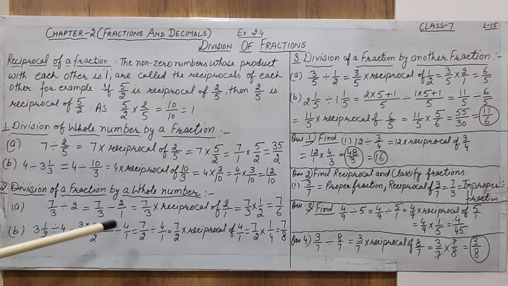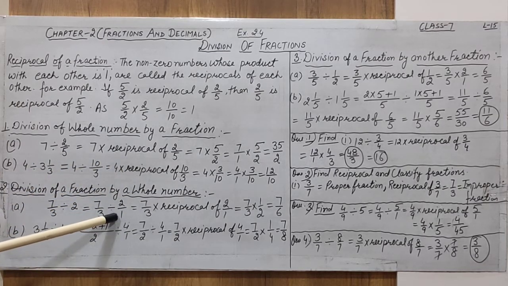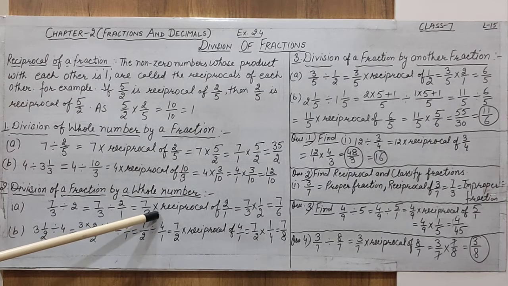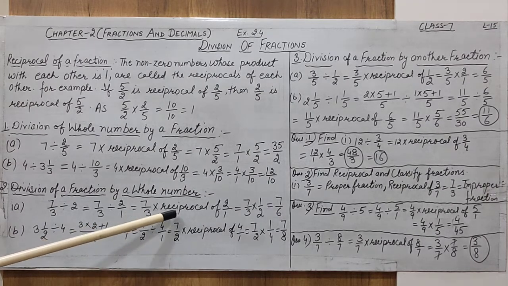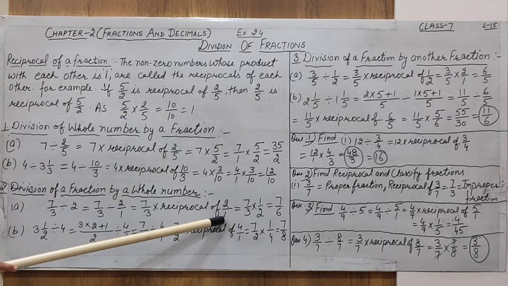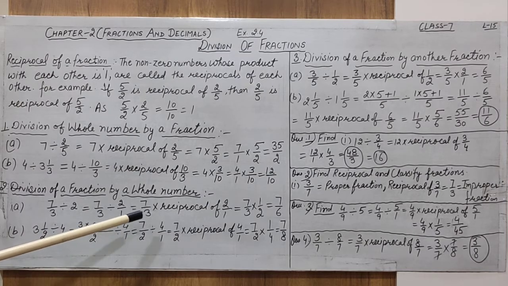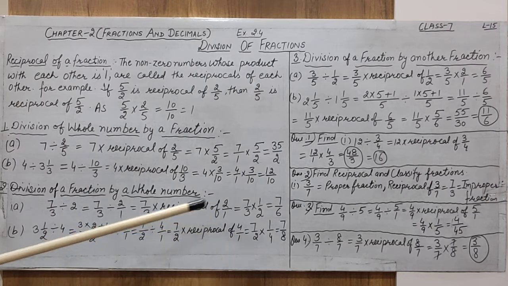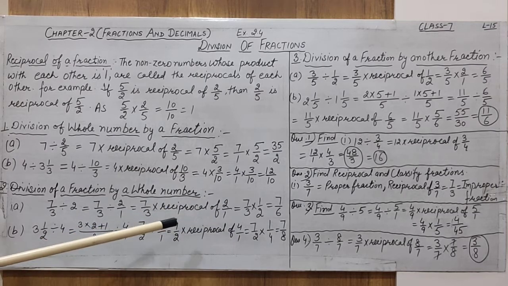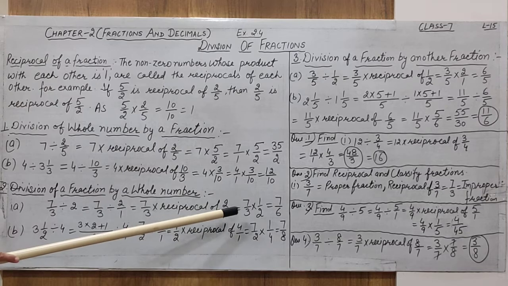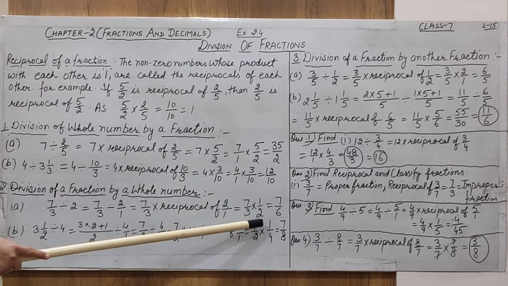Now, the same process again. The division is changed into multiplication with the reciprocal of the given fractional number, that is 2 by 1. So 7 by 3 divided by 2 by 1 is equal to 7 by 3 multiplied with the reciprocal of 2 by 1. The reciprocal of 2 by 1 is 1 by 2.